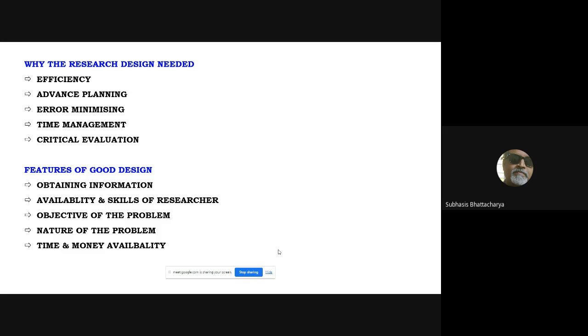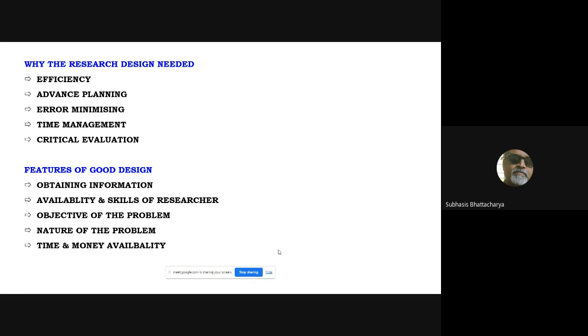So why is research designing actually needed? Proper research designing is needed. Even then, the need for a well thought out research design is at times not realized, so the importance which this problem deserves is not given to it. As a result, in many researches this purpose is not served, and ultimately what it brings to us is misleading conclusions.